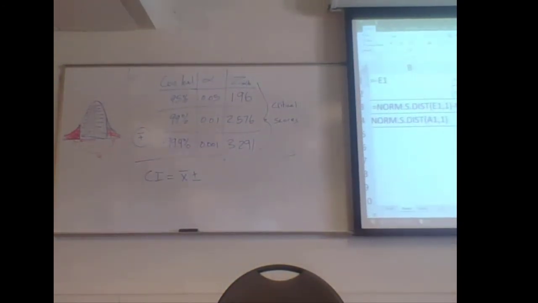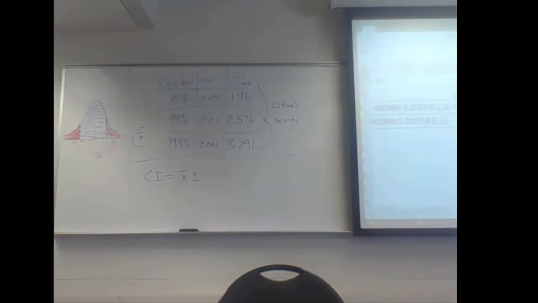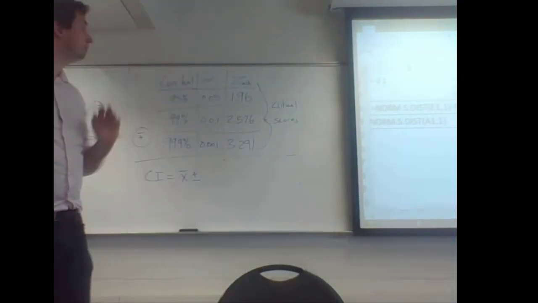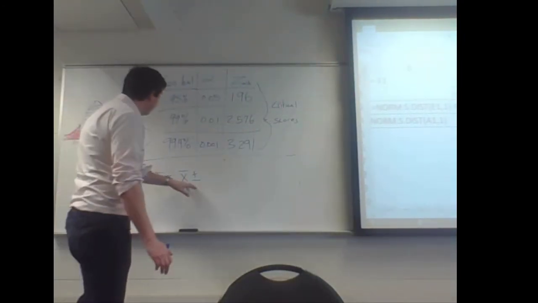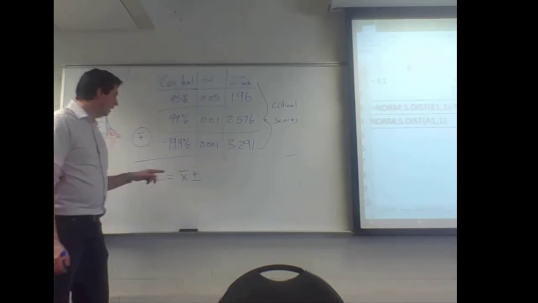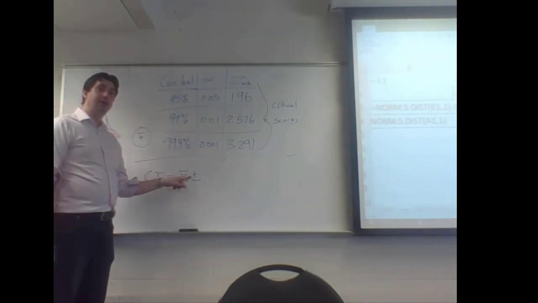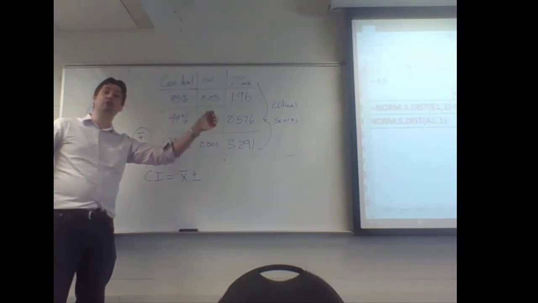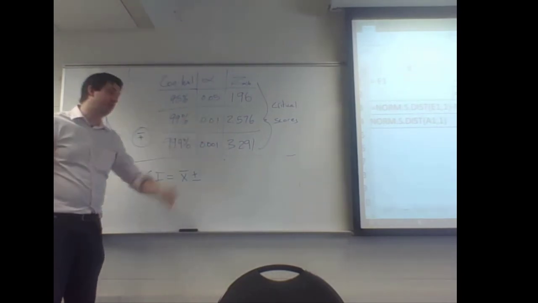What does it mean? Yeah, we're going to have two values: we're going to add, and then we're going to subtract, creating two values and thus an interval between them. Hence the name confidence interval.